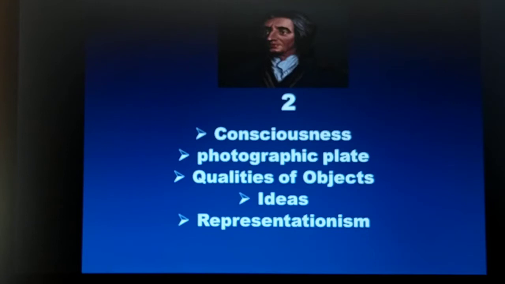The ideas in our mind are the images, the exact copies of the qualities of the real things that exist in the external world. What we have in our mind, what we call ideas or knowledge, are representations. Therefore, his theory is also known as the theory of representationalism.